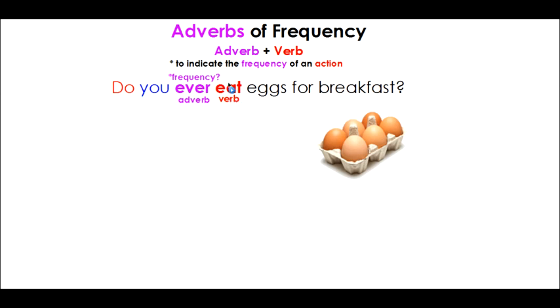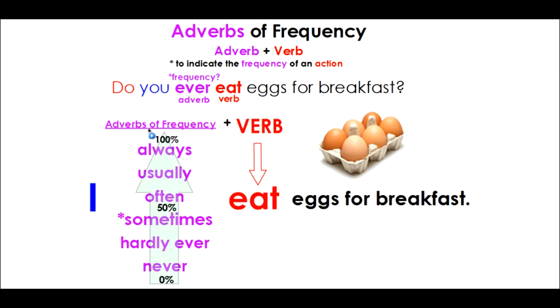So the question about the frequency of this action is, do you ever eat eggs for breakfast? Now remember, the adverb ever is only for the question about frequency. And in the answer, we use other adverbs of frequency.